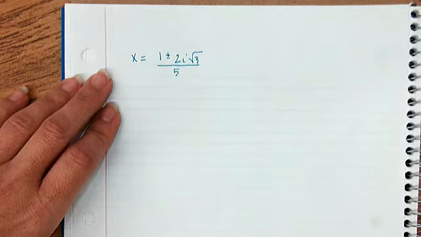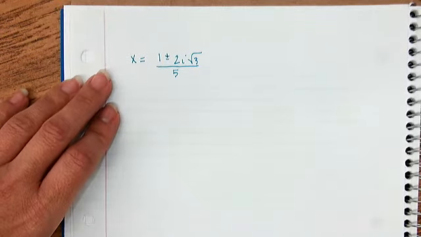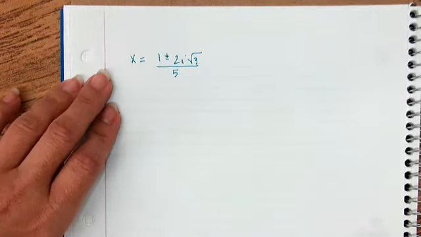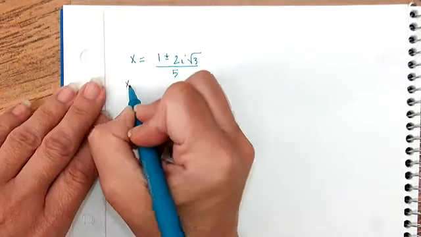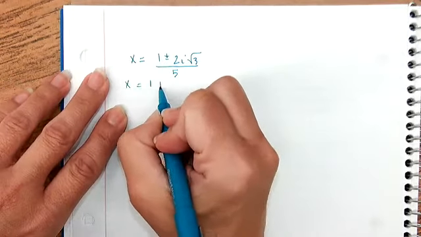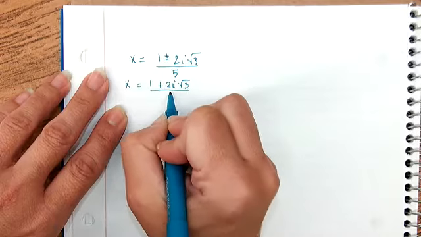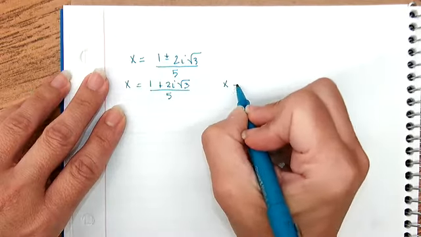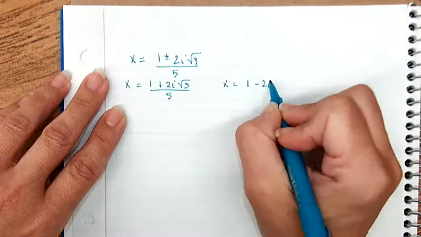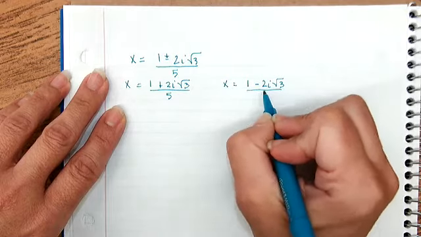So these are two complex solutions. Notice they come in a conjugate pair. And I ask you to write this as factors. So x equals 1 plus 2i root 3 over 5, and x equals 1 minus 2i root 3 over 5.